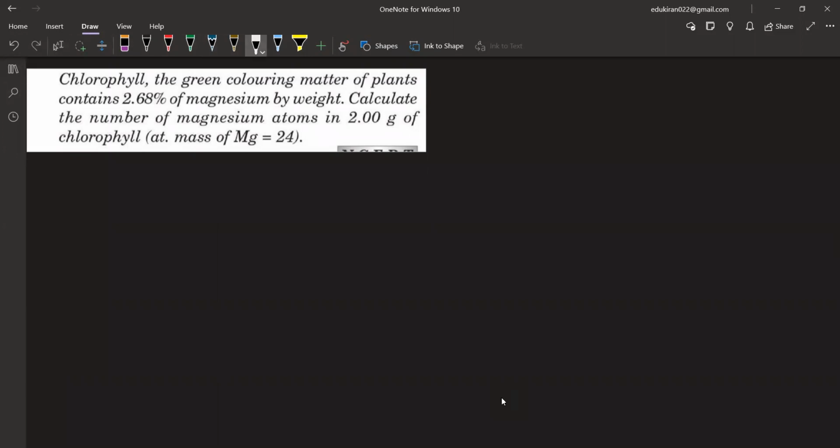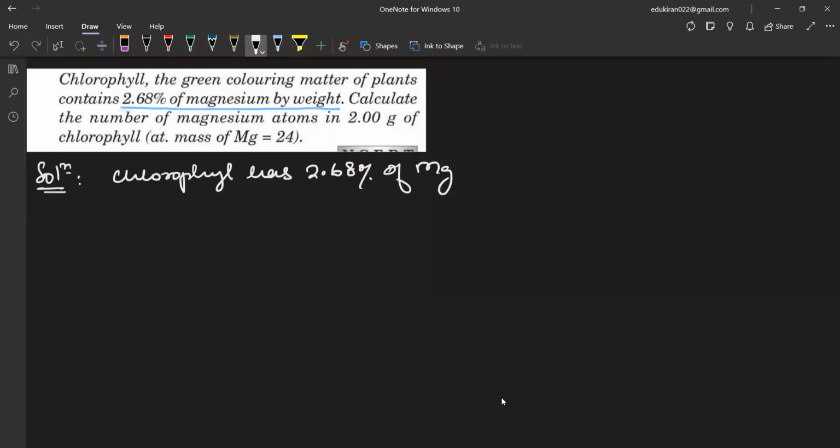First, I will write the given statement: chlorophyll has 2.68% of Mg by weight. Okay, very good.